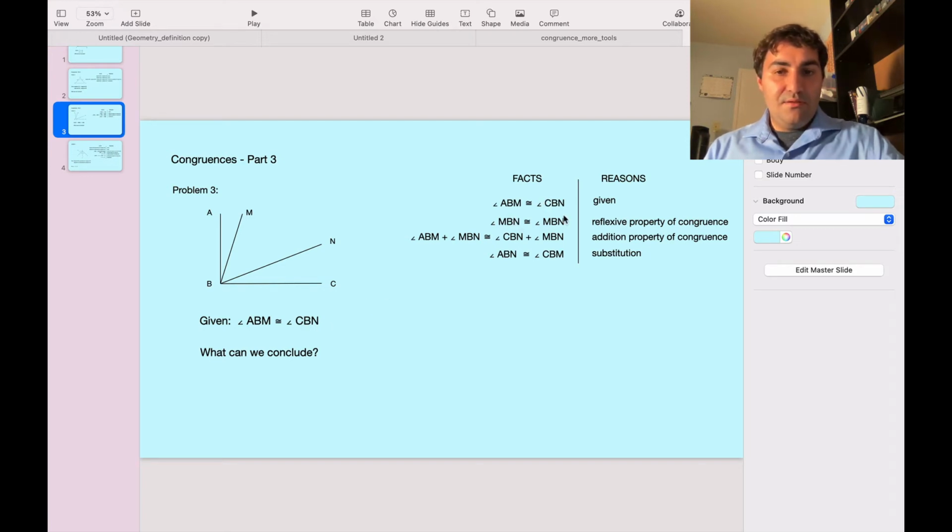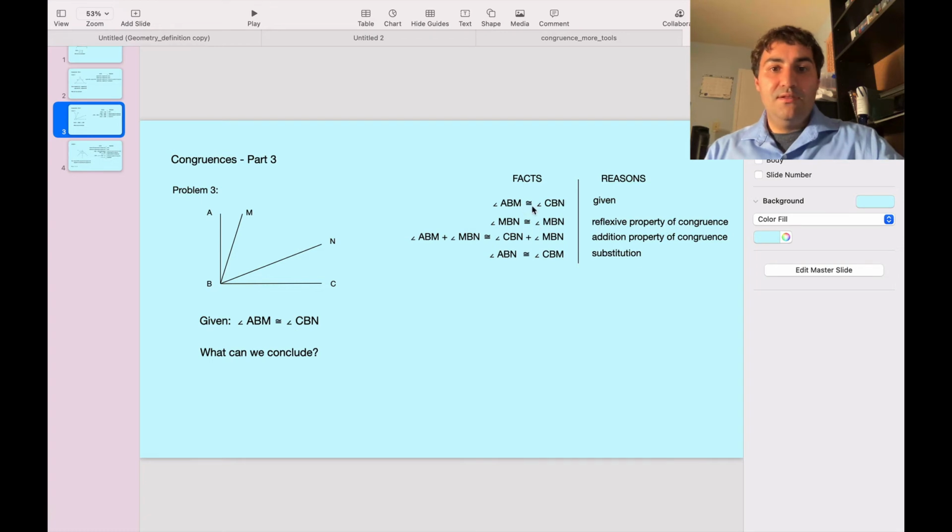And I know we didn't really talk about this, but there's an additional property of congruence, which is the reflexive property of congruence. So something is always congruent to itself. This is pretty self-explanatory. Angle MBN is congruent to itself. So we'll just write that down here, and I can write down the reason: reflexive property of congruence.